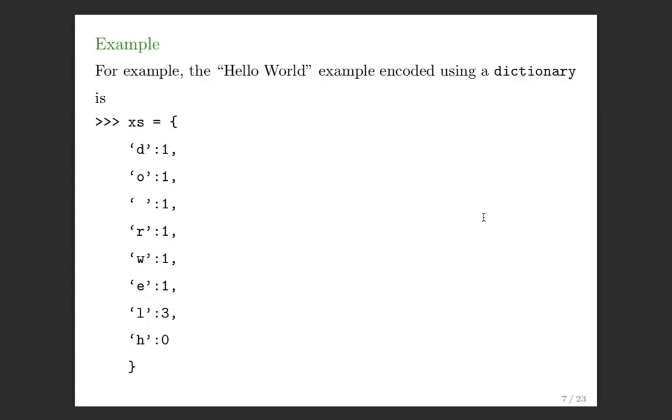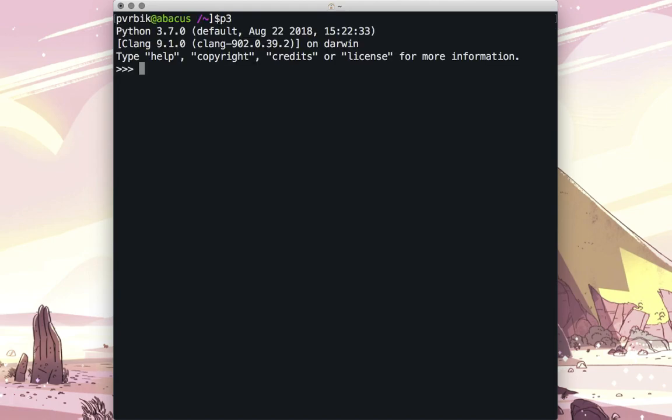Okay, so for example, an additional way to encode the character frequency using a dictionary looks like this. Right, so I can go into terminal here, and I can create something called a dictionary. I'm using these curly braces because dictionaries are unordered.